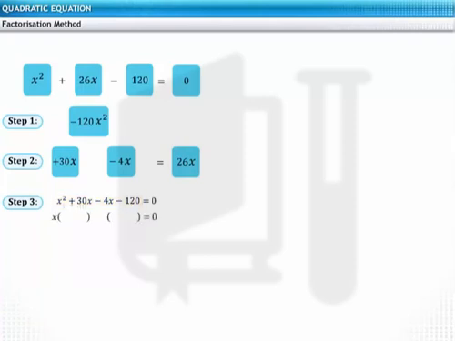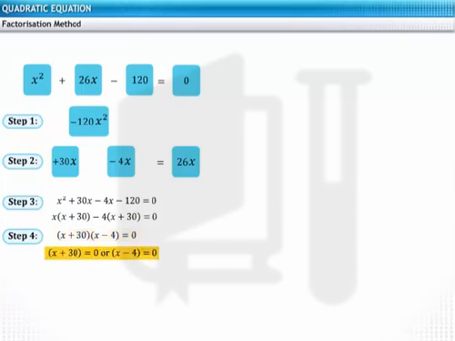You get x times (x plus 30) minus 4 times (x plus 30) is equal to 0. Step 4. Take x plus 30 as the common factor from the equation. Your equation becomes (x plus 30) times (x minus 4) is equal to 0.